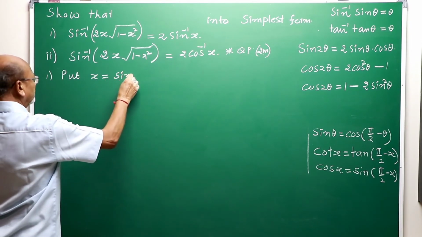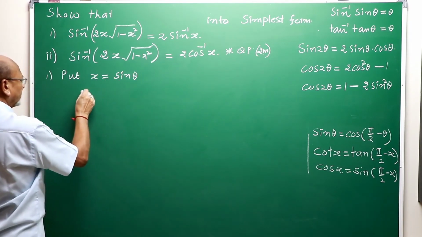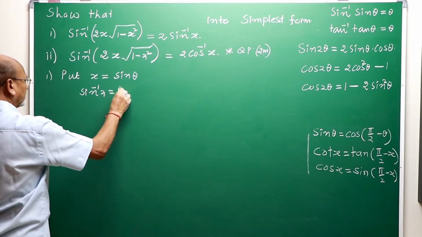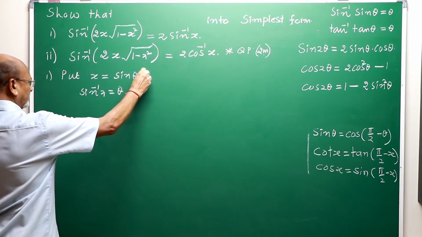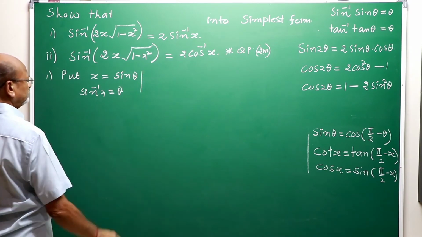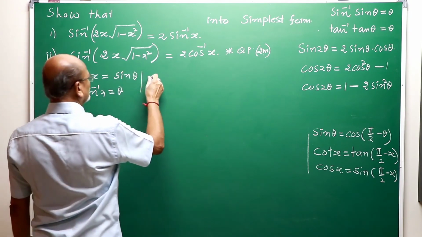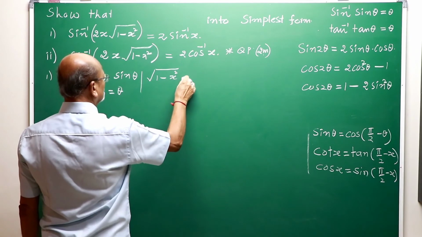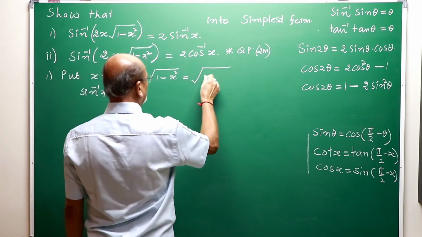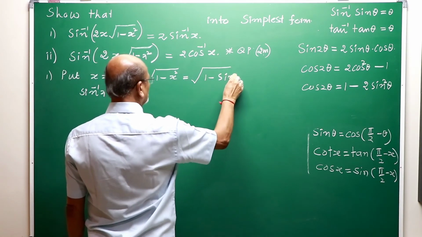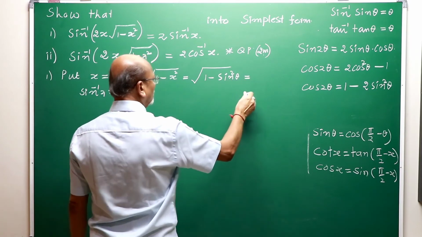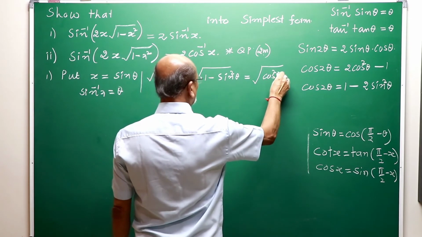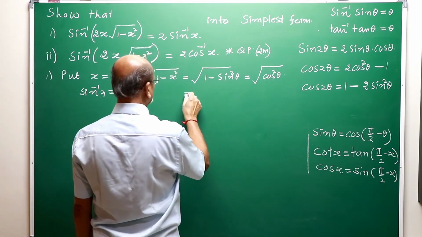From this, sine inverse x is theta. Root 1 minus x square is root 1 minus sine square. What is 1 minus sine square? Cos square. What is the square root of cos square? It is cos theta.